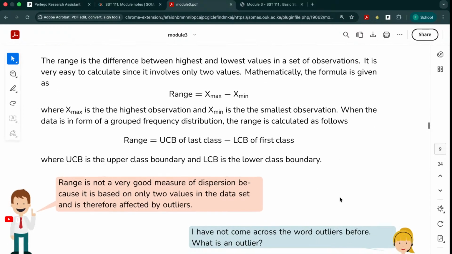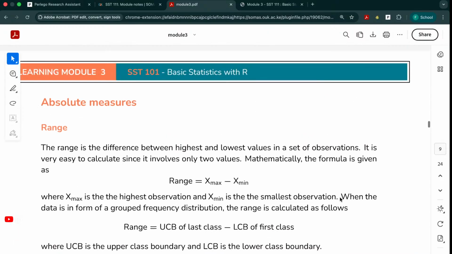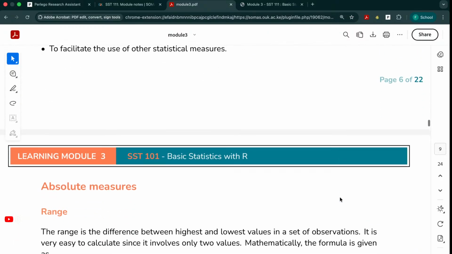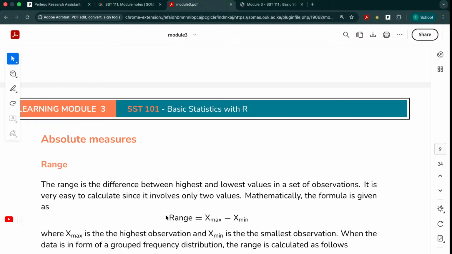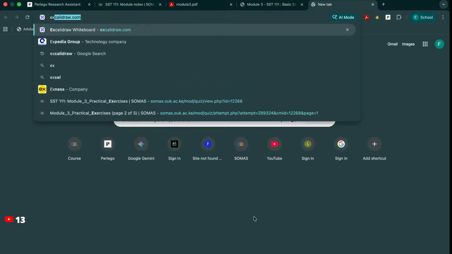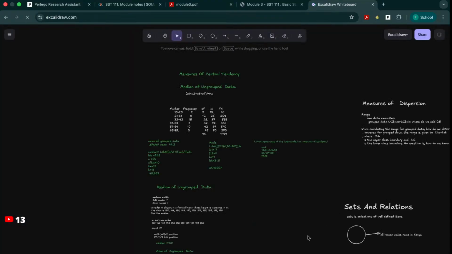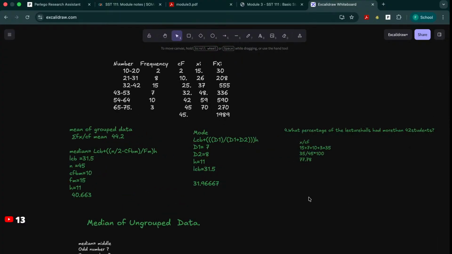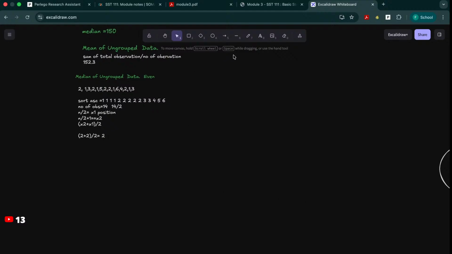So we will look at this example, and first of all, let's do the range.